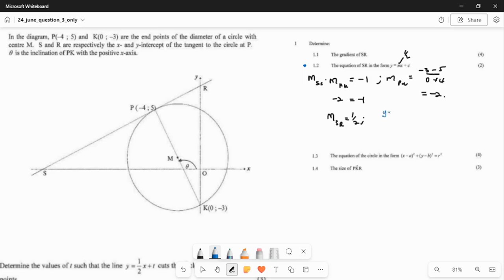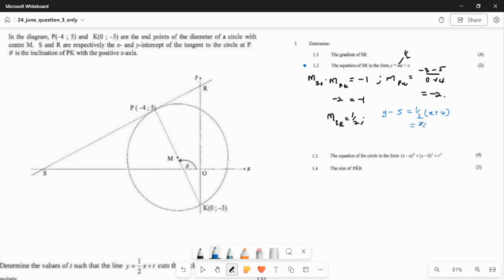So I'll use the equation y minus y1, and for my y1 I'll substitute in the value 5, and then I know what my gradient is. That's half x minus my x1, which is -4. So minus minus, it's going to be +4. Now let me simplify.